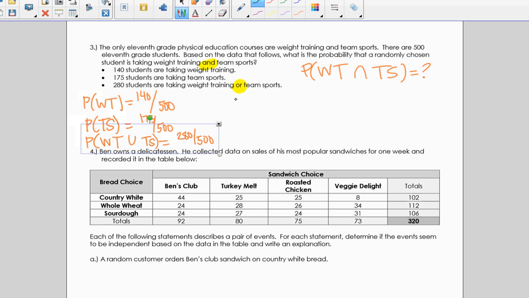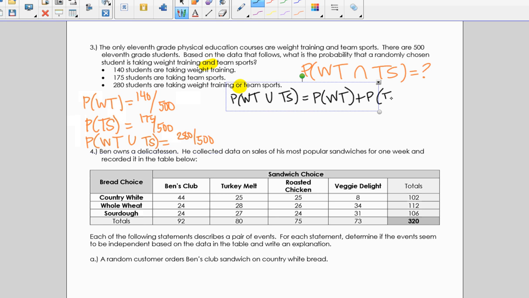The probability of weight training or team sports is the probability of weight training plus the probability of team sports minus the probability of weight training and team sports. That's the formula. So the or probability is 280 out of 500.